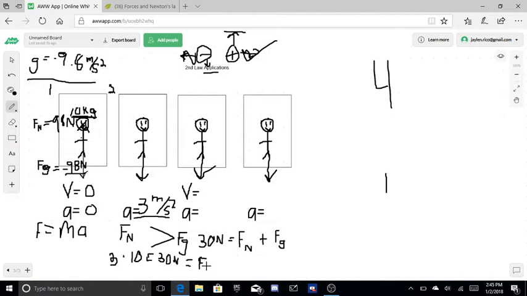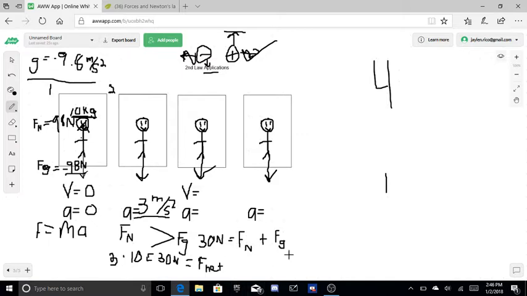And if we want to find our normal force here, we can take our gravity and subtract it from the F net, since this is a plus sign.